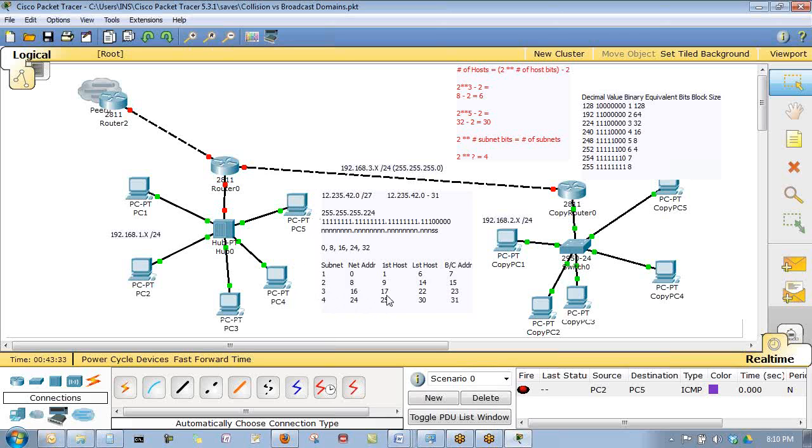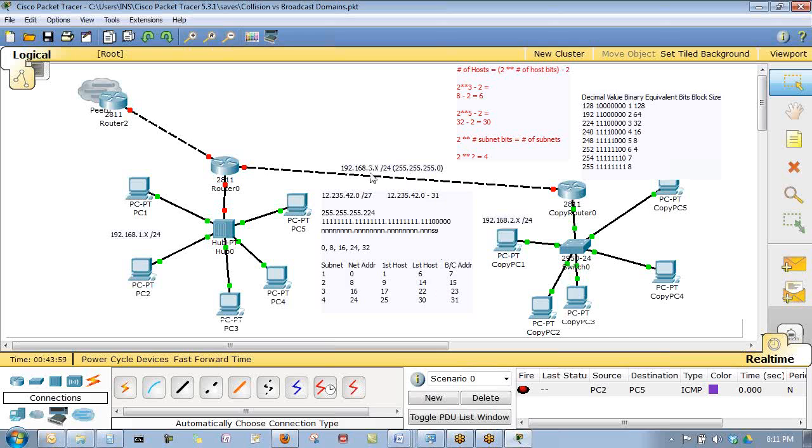First host address, last host address. Did I screw something up? Oh, don't forget to count 17, 18, 19, 20, 21, 22. So, 6, yeah. All right, so I've got 6 addresses.